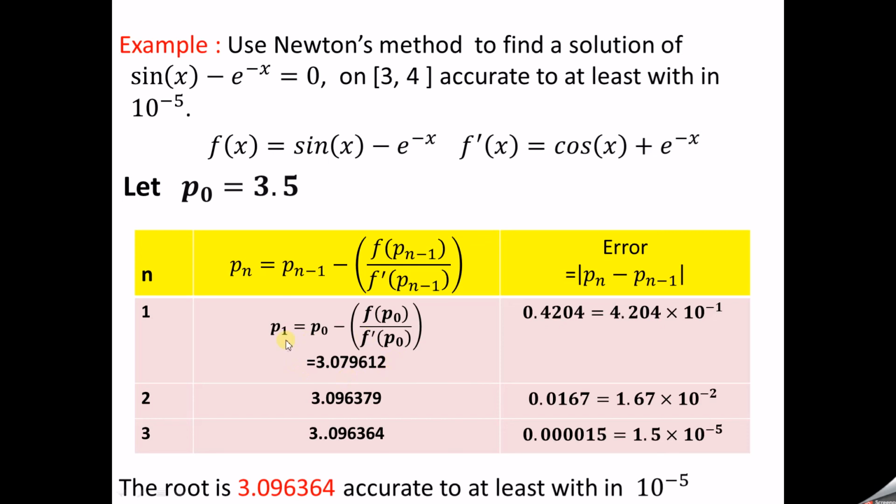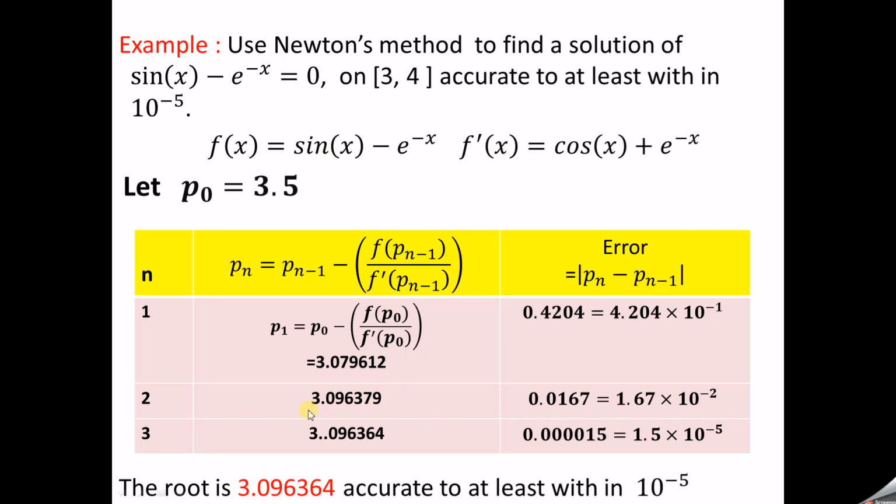And once you get P1, use this P1 again in this formula to get P2. So when n is equal to 2, P2 equals P1 minus f of P1 over f derivative P1. So again we do the same with the formula, we put the P1 value in this and use f(x) and f derivative x.